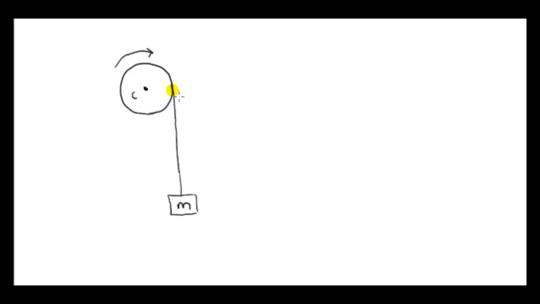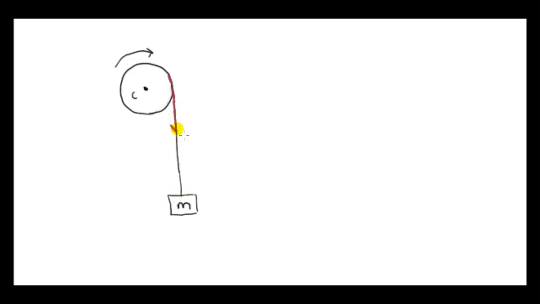Obviously, the force to consider is the force on this edge of the disk here. Well, it's a force on the string, if you like, but while this piece of string is in contact with the disk, this piece of string is part of the system of the disk. It has no mass, so the system is really consisting of the disk of a certain mass, and of course this mass here.